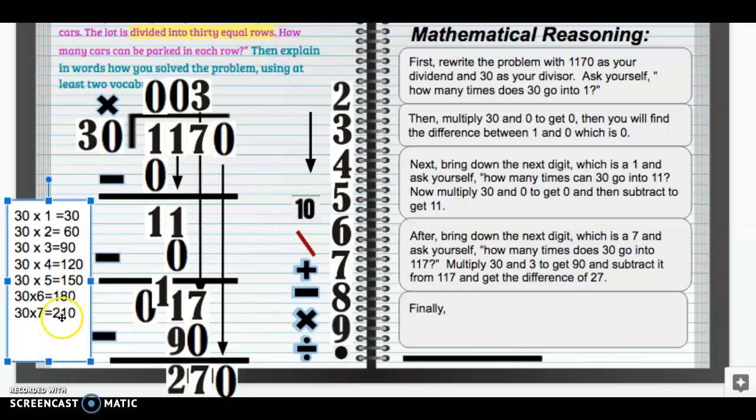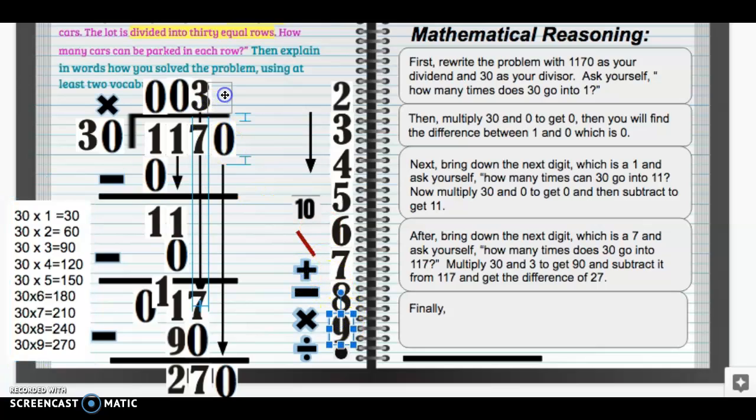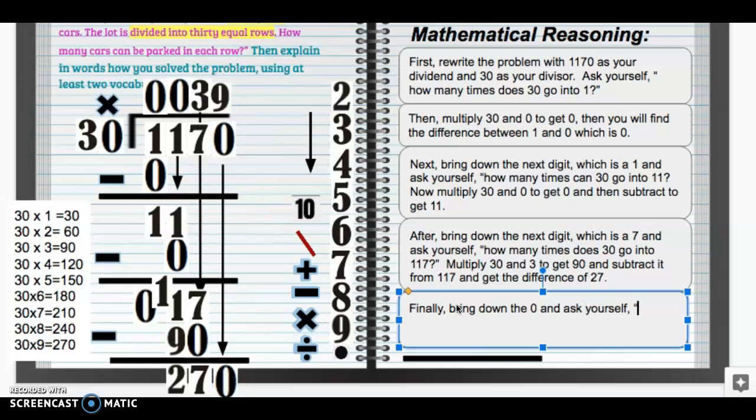Hopefully we get there. 30 times 8 equals 240. 30 times 9 equals 270. Whoop, I'm stopping there because 30 times 9 gives me 270. So finally, I bring down the 0 and ask yourself, how many times does 30 go into 270?